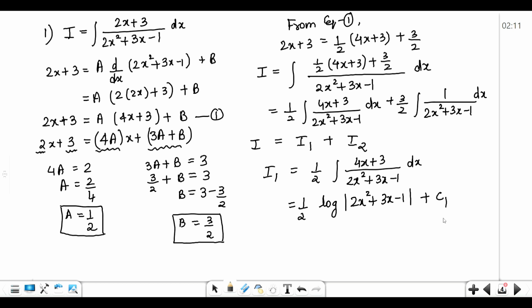Since we are evaluating for I1, the constant will be c1. So we have used the same formula for the I1 part. This is your f dash of x and this is your f of x. So the formula was log of mod f of x. Now just move on to I2.